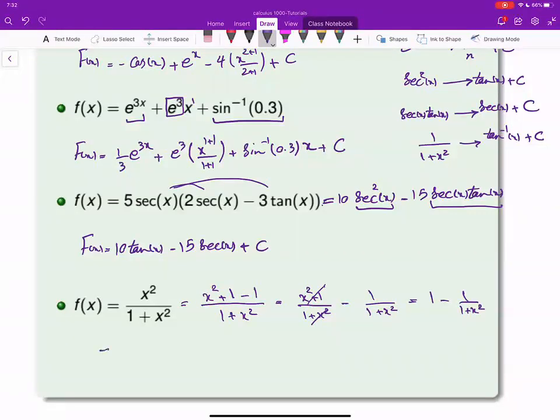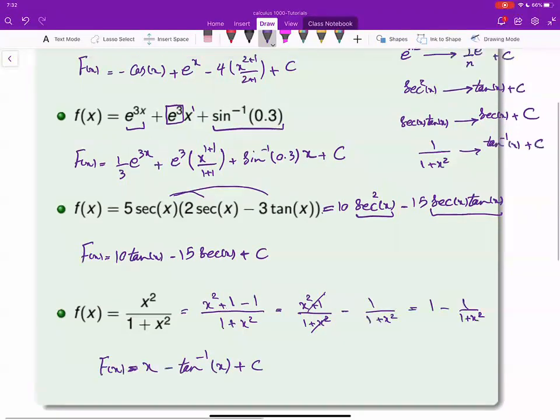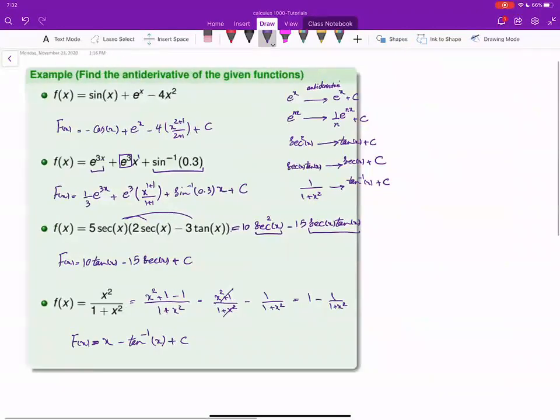Antiderivative of 1, I know, is x. And antiderivative of 1 over 1 plus x squared, we just had that. This is tan inverse of x plus c. So sometimes you need to do some steps of work to turn your function into a function you can find its antiderivatives.